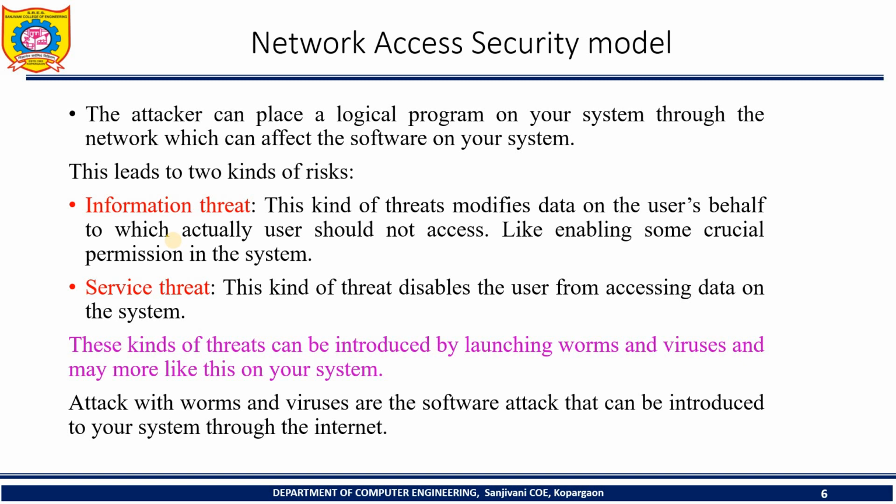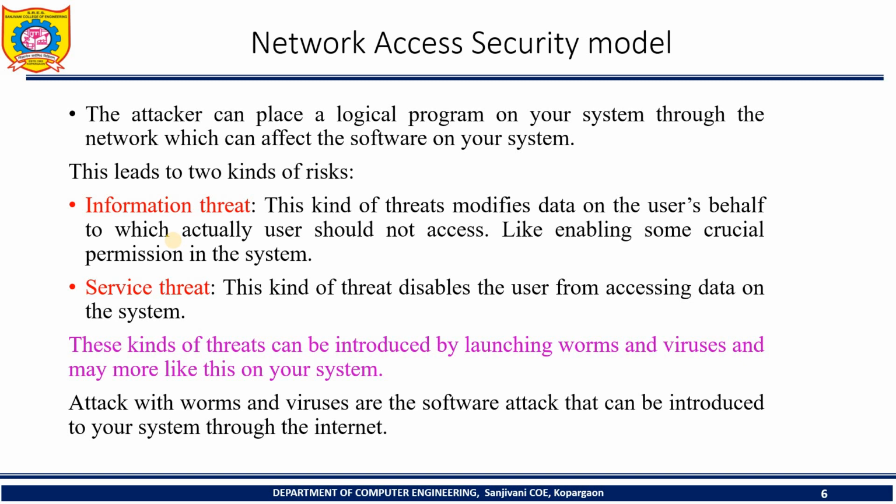Second is service threat. This kind of threat prevents the user from accessing data on the system. The actual user also is not able to access the data on the system. So that is the service threat. These kinds of threats can be introduced by launching worms, viruses and more like this on your system.